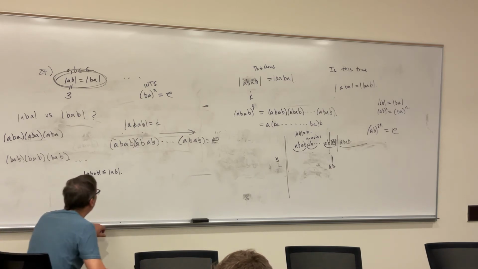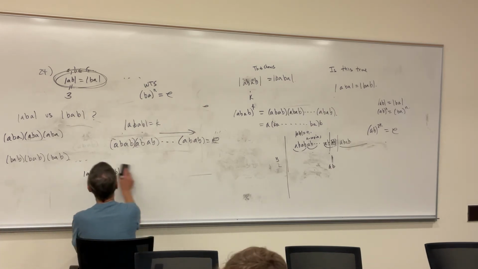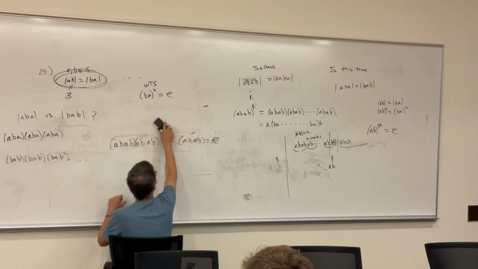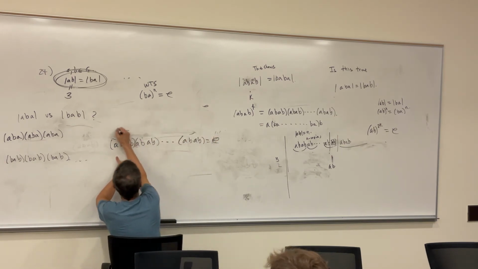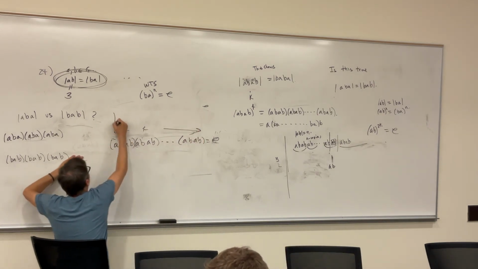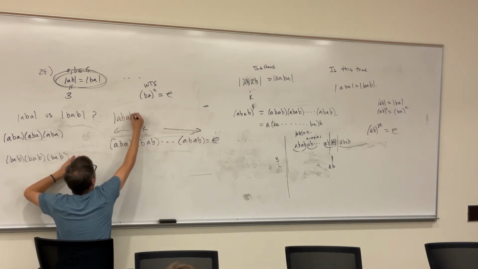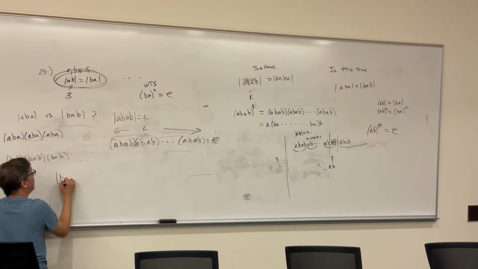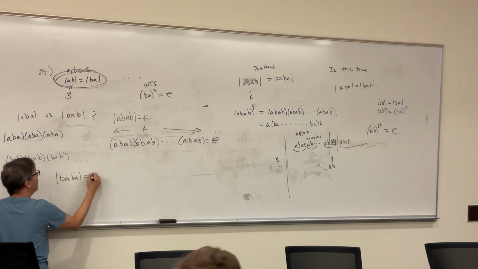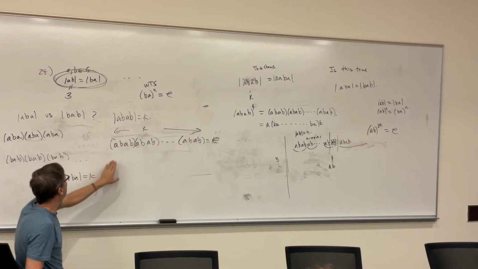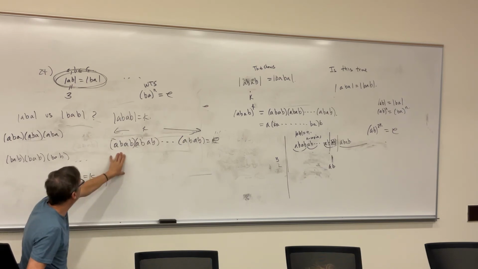But maybe the problem is I'm still choking on trying to do this with these K's and stuff. So let's say this, and okay, so I've got K copies of this. And so that's this statement. But what I want to show is that this is true. So what do we have to do to get K copies of BABA into this?